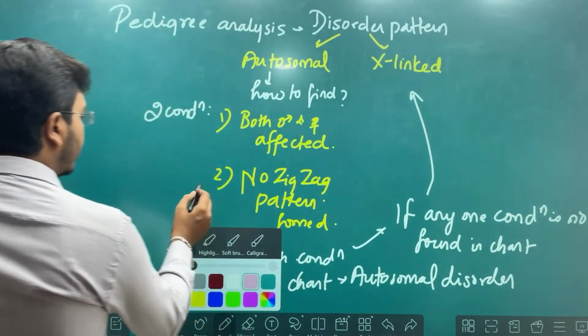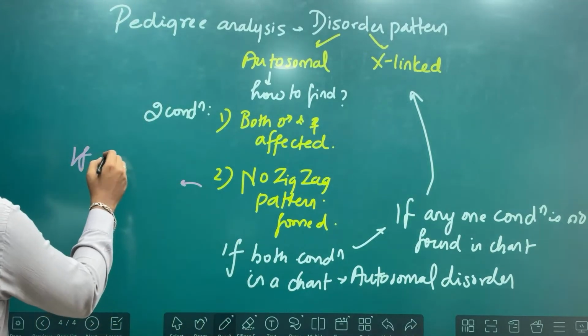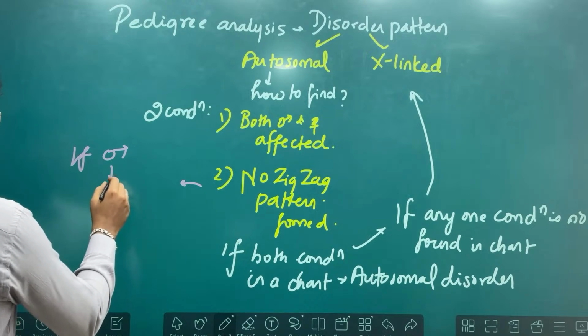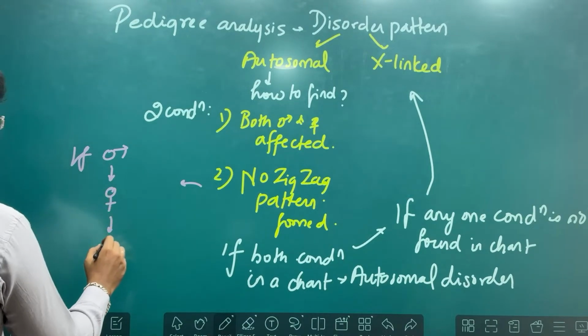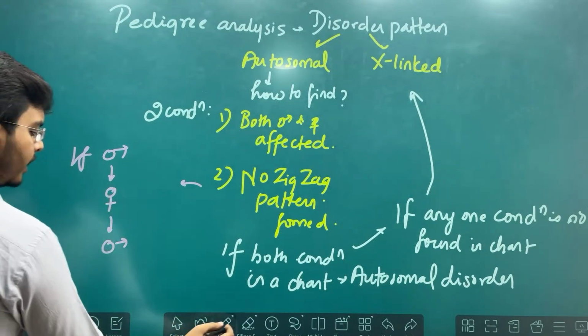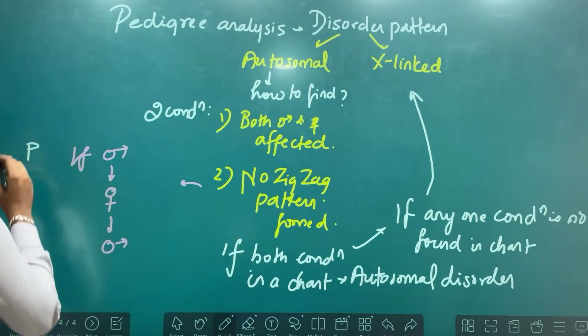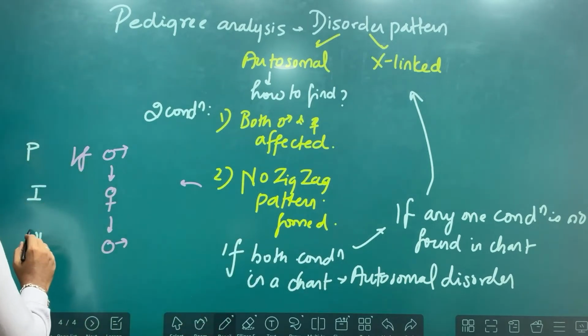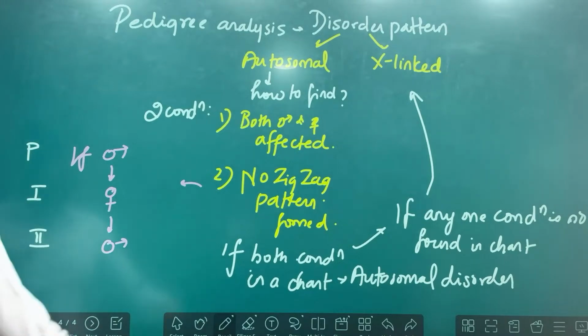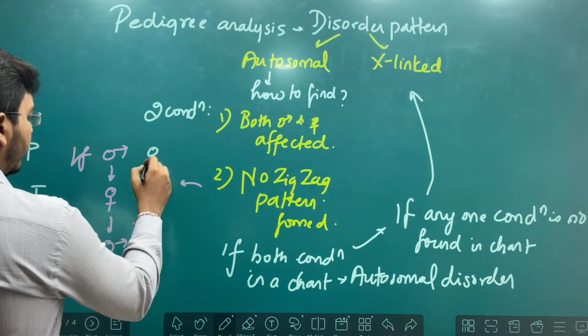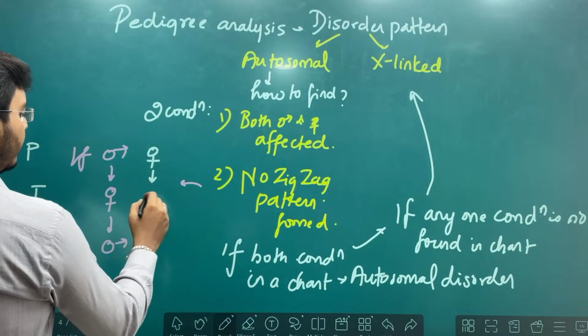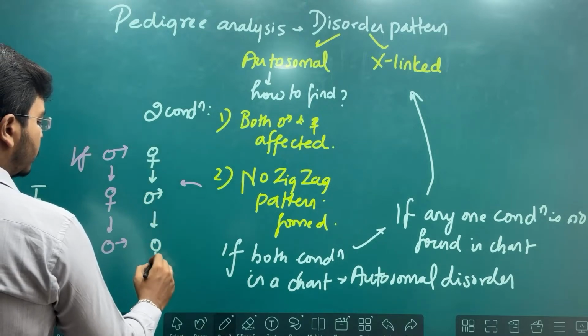Zigzag pattern means if male is affected, then a female should affect, then a male should affect. Got it? Consider இது வந்து parent, இது first generation, இது second generation. Got it? Or else another option, if female is affected, then male should get affected and female should get affected.